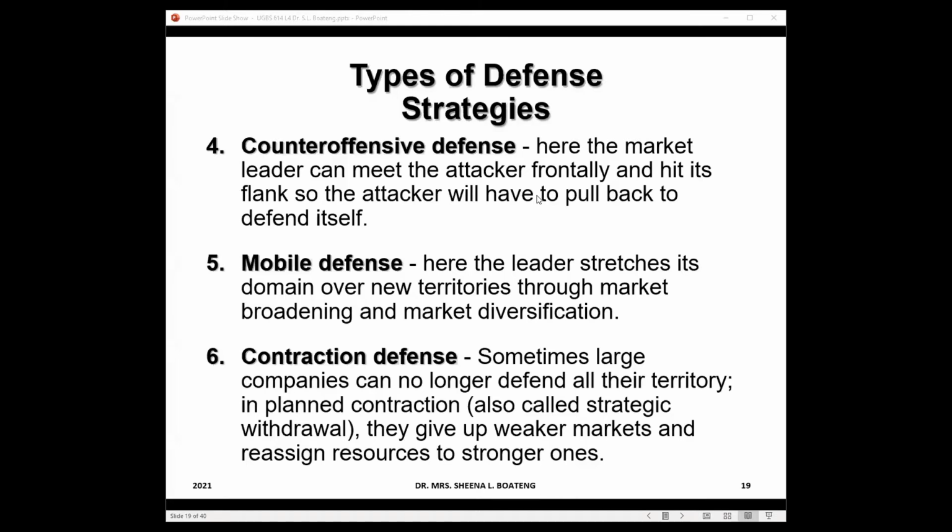And therefore, by means of a planned contraction, meaning that they think long and hard and strategize about this, they would decide to strategically withdraw some of their products and services from some of the territories in which they compete. And these products and services they will usually withdraw from weaker markets that are not doing so well, and rather reassign those resources to buffer their performance in well-performing markets with their stronger products and services.